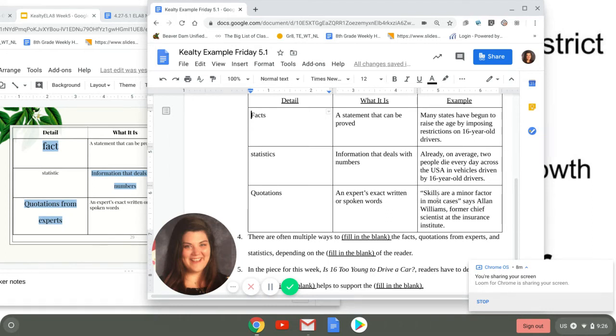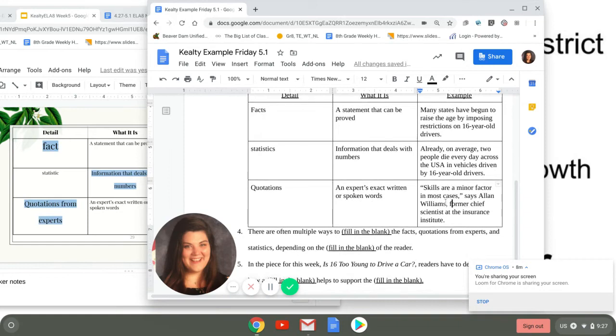I missed a comma here. Says Alan Williams, former chief scientist at the Insurance Institute. So this little clarifying sentence here helps us to know that this is an expert. Helps us to know that he used to be the science chief at this insurance place, and we know insurance people are often dealing with drivers of cars. So he's probably a pretty credible source. He's probably somebody that we want to hear from.